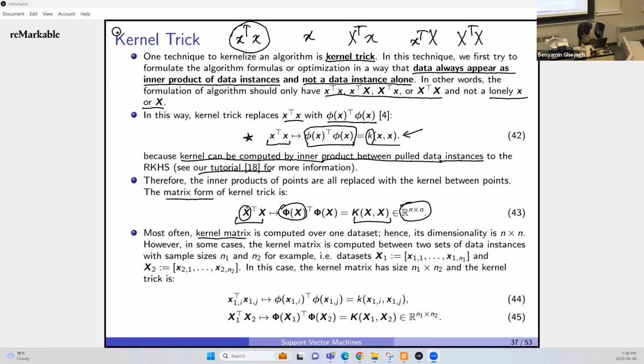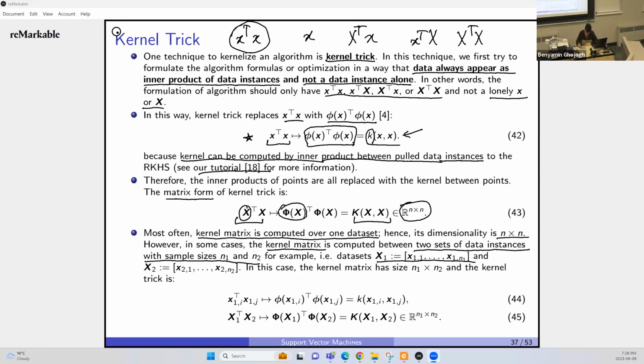Most often, the kernel matrix is computed over one data set, like equation 43. Then it becomes a square matrix, N by N. However, in some cases, the kernel matrix is computed between two sets of data instances with sample sizes N1 and N2. Assume one data set has N1 data points and the other has N2 data points.